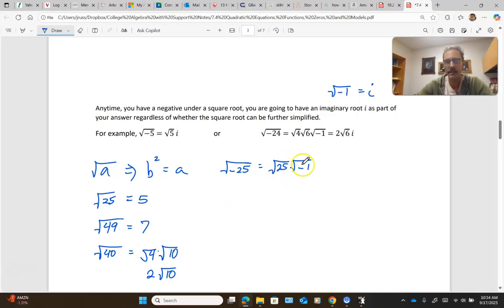Because 25 times negative 1 is negative 25. And when you factor it this way, you can take the square root of 25, it's just the nice integer 5, and then you use this definition, the fact that we're going to define the square root of negative 1 to be i. Okay? And so this becomes 5i.